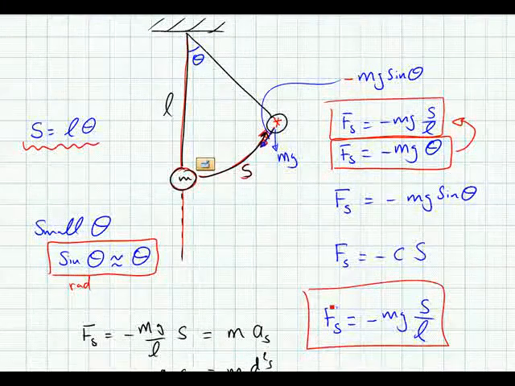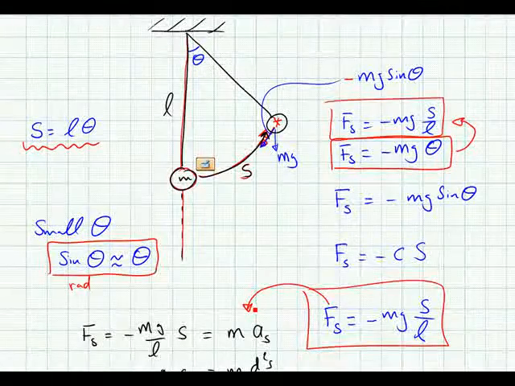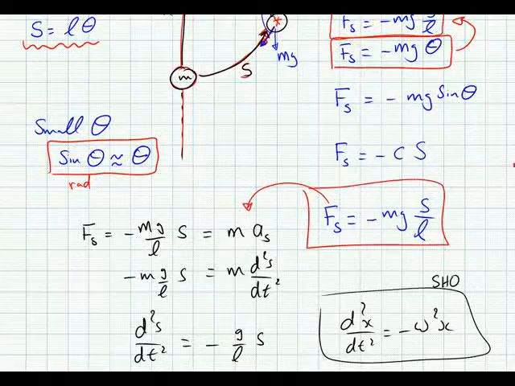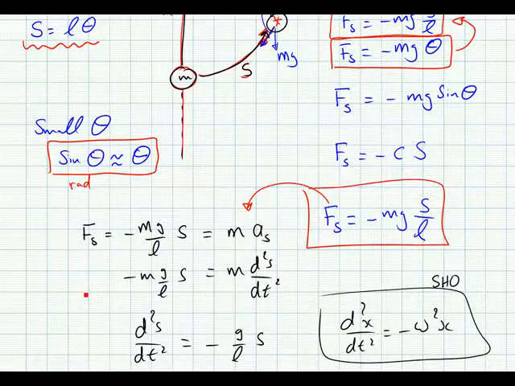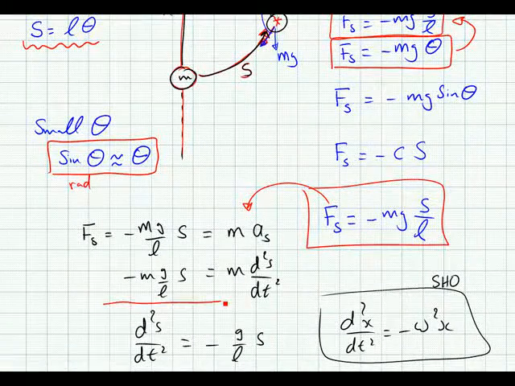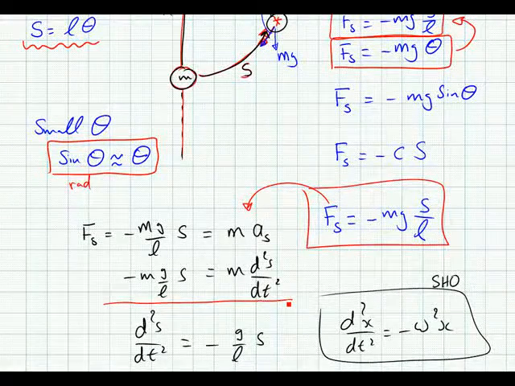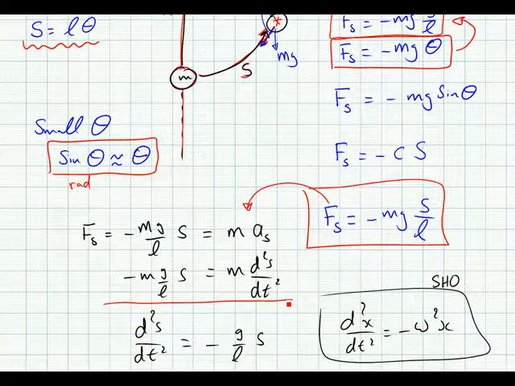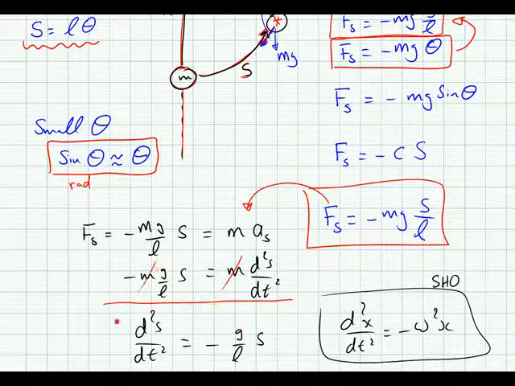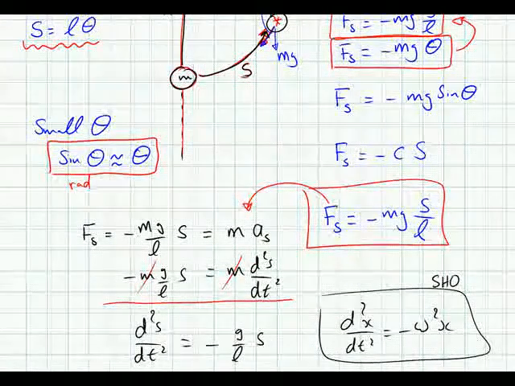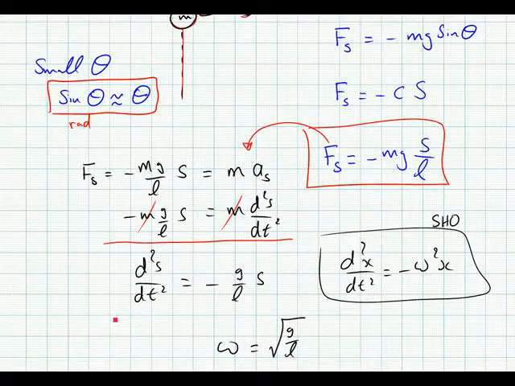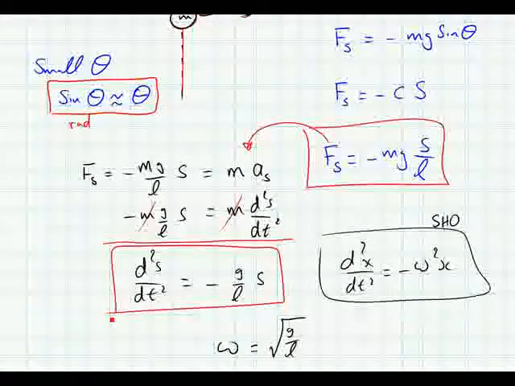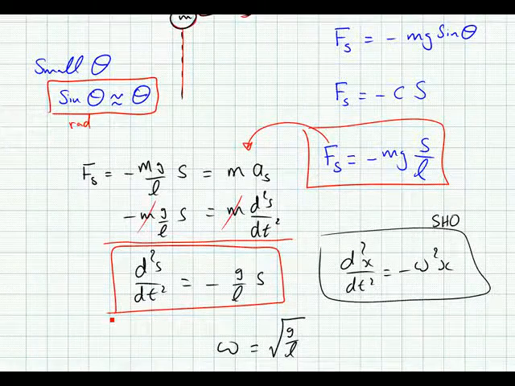But force on our object is, according to Newton's equation, simply mass times acceleration, m a_s. So minus mg over L s is equal to m d2s dt squared, or m a_s. Now you notice that mass cancels from both sides, and we end up with this relationship here. d2s dt squared is equal to minus g over L times s.